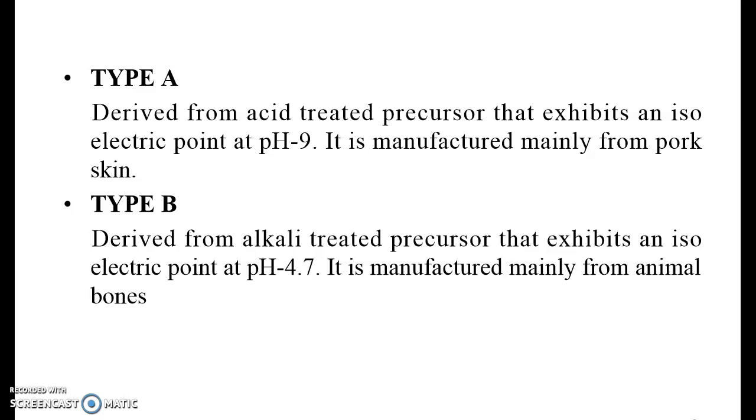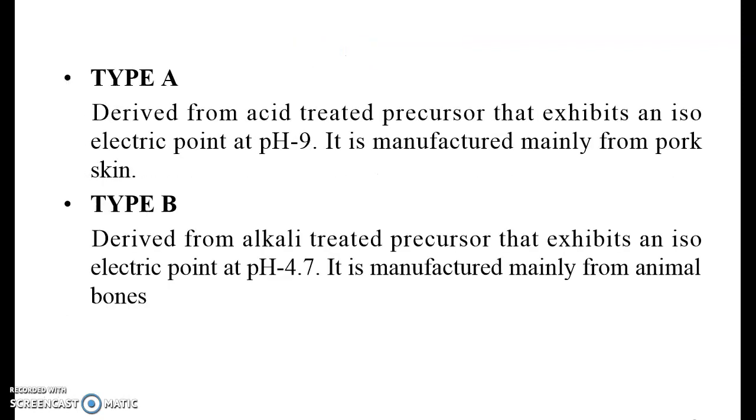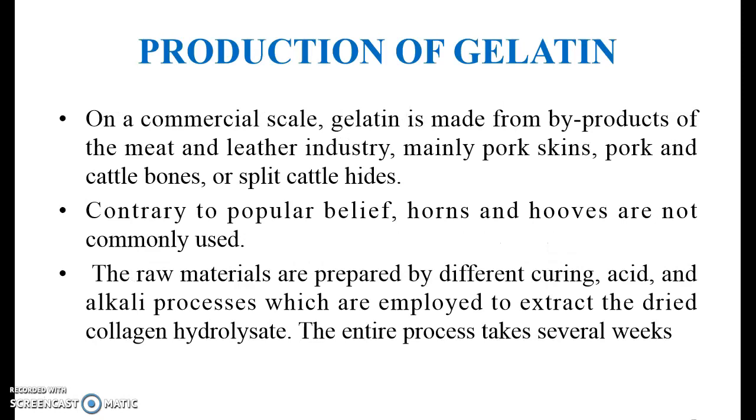Type A is also manufactured from pork skin, and type B is prepared from animal bones and animal hide portions or pork skin. So the sources of type A and type B are also different. So how is gelatin prepared on a commercial scale?